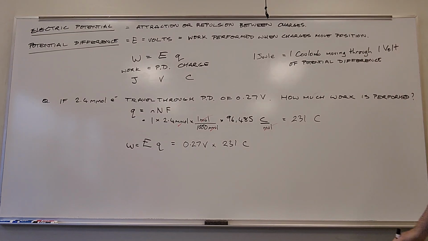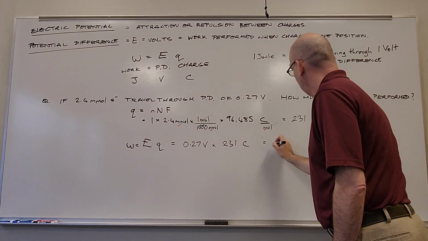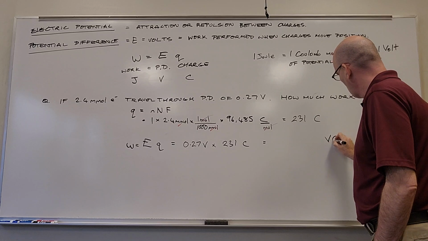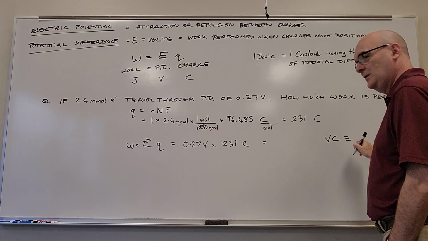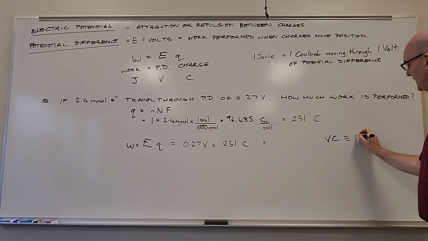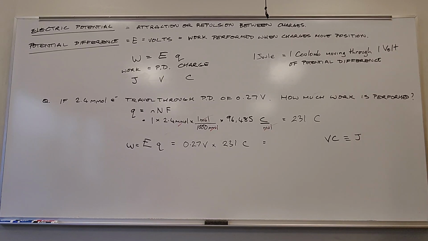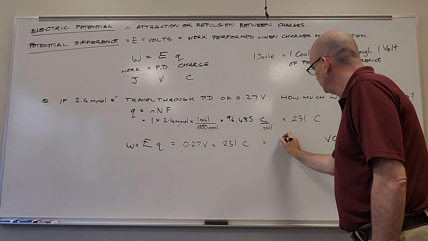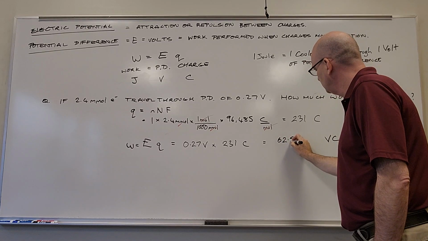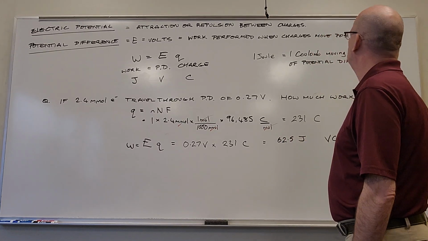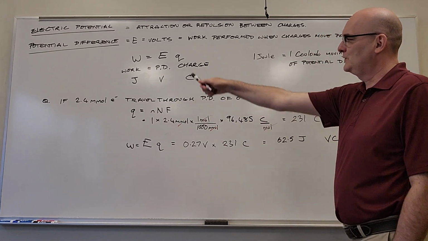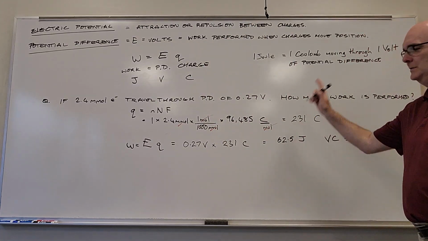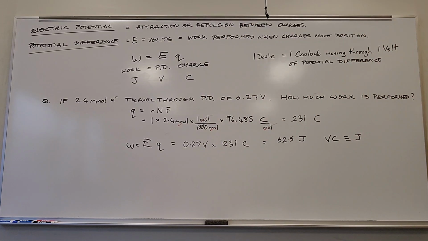Coulomb is equivalent to a joule. I got 62.5 or 63. How many significant figures? We only have two significant figures, so 63.